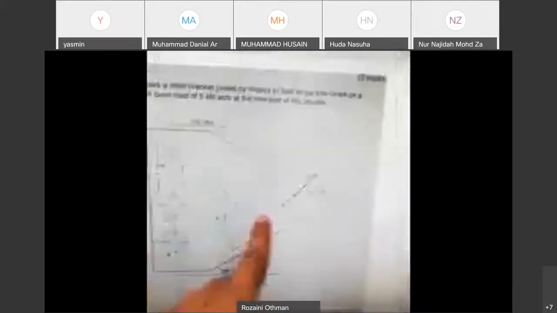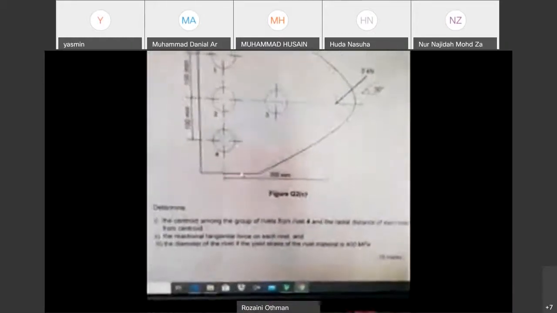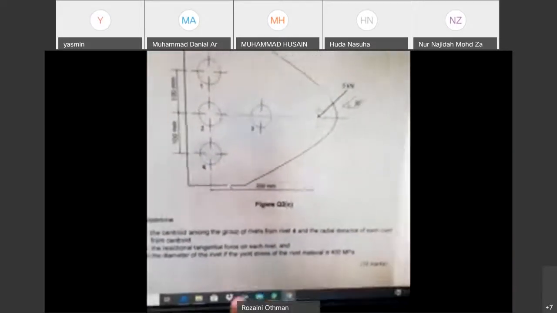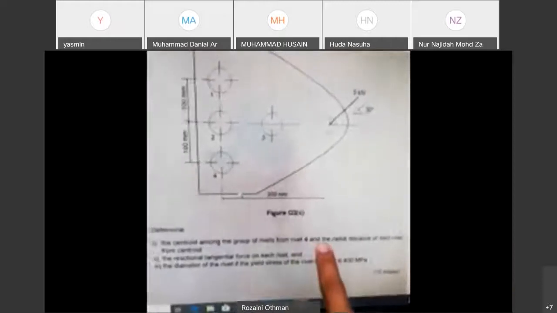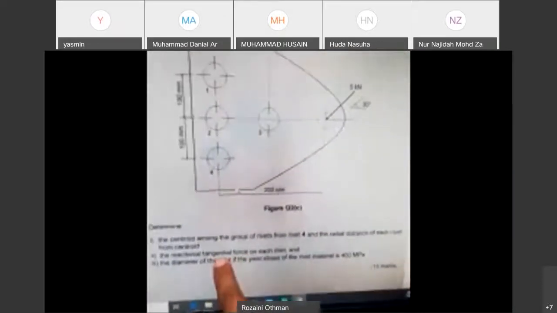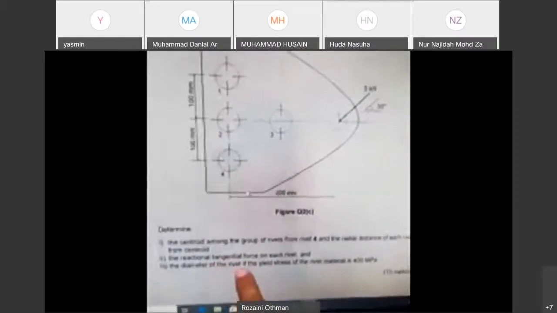Then we are asked to determine the centroid of the group of rivets from rivet 4, and then the radial distance of each rivet from the centroid, and then the reactional tangential force on each rivet, and the diameter of the rivet if the yield stress of the rivet material is 400 megapascal.